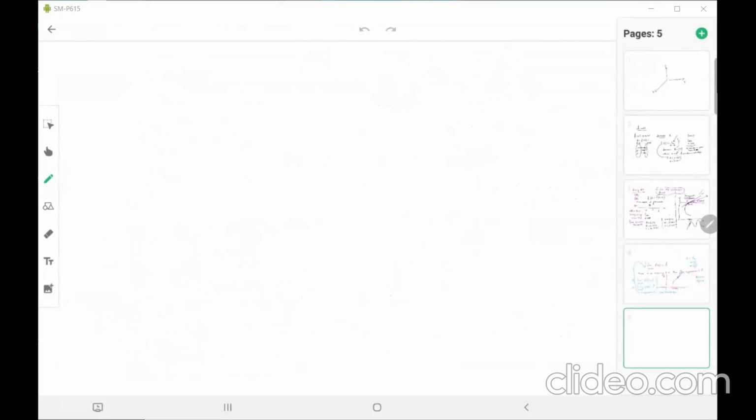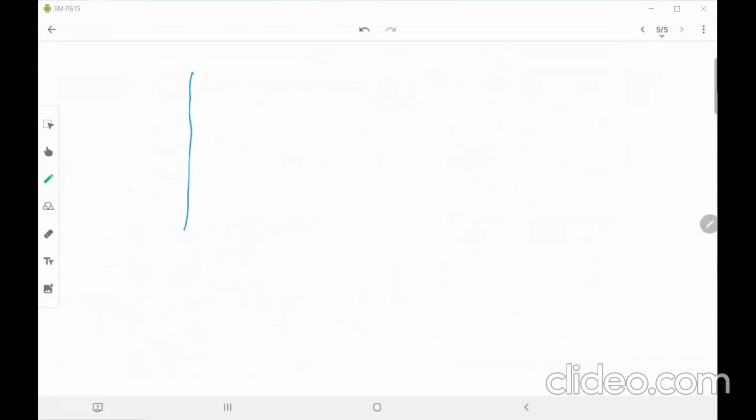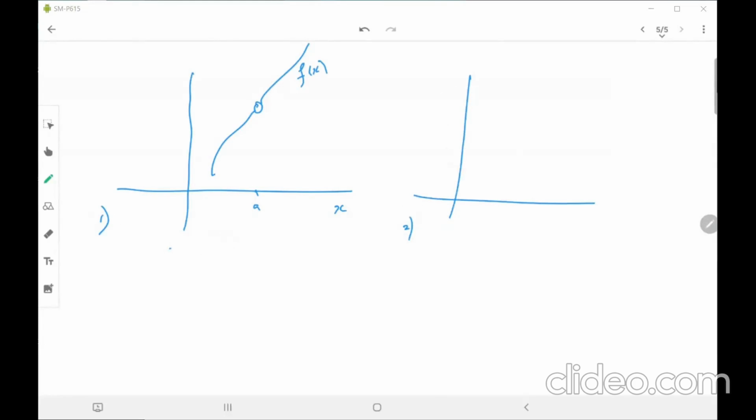See the case where suppose I have a function. I will draw the graph better. Suppose this is x and this point is the value a. One situation I draw here, this extends to here and here. This is my function f of x. This is graph 1. Now graph 2. I take the same a and this point is L. I have a situation here.